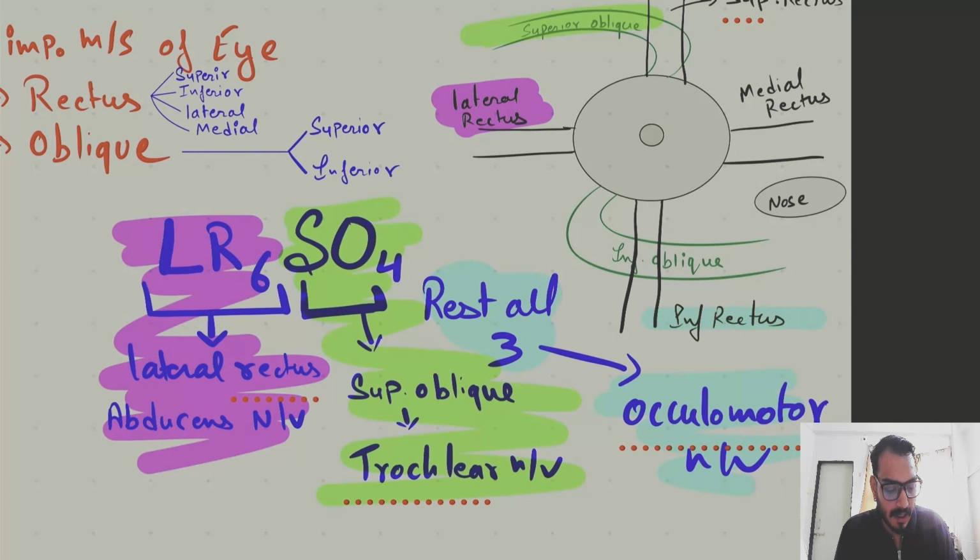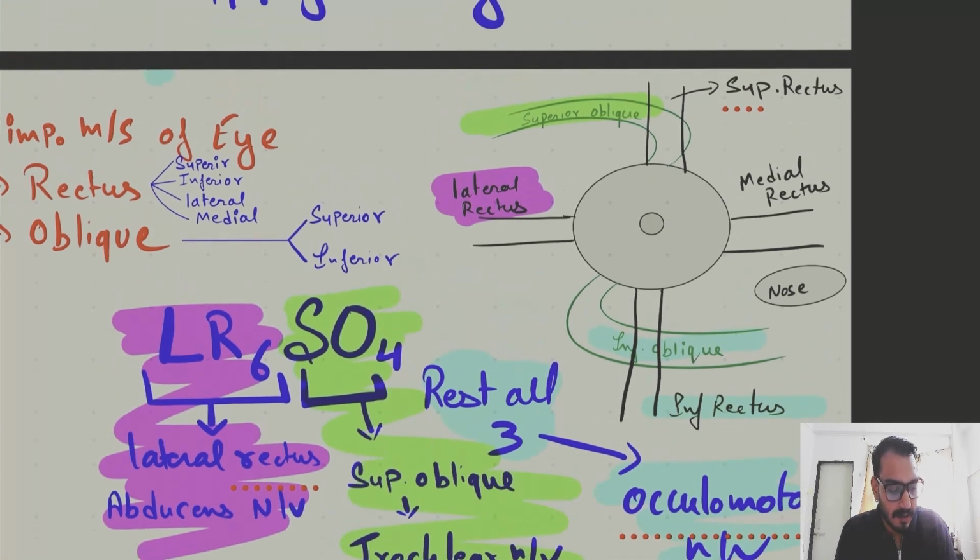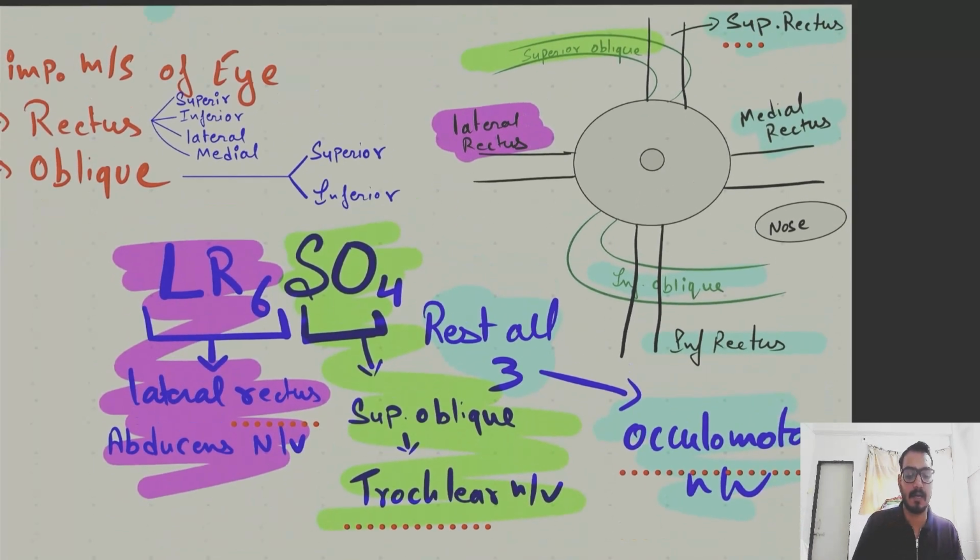So inferior rectus, inferior oblique, medial rectus and superior rectus, all these four muscles are supplied by the third cranial nerve, the oculomotor nerve.